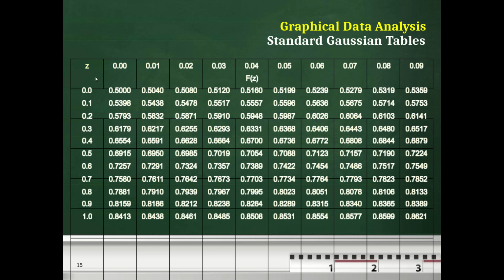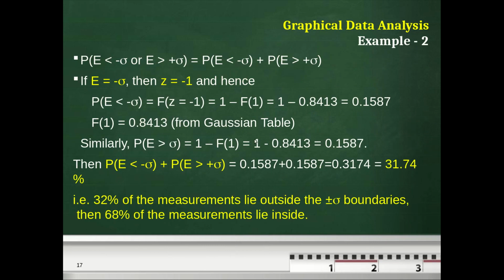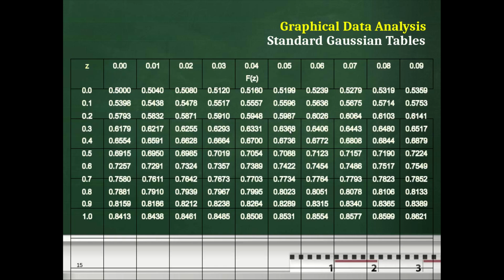So f of 1 means z equals 1, so we will take this value. So 1 minus 0.413. This is from the Gaussian table. This is an example of the table. There are larger examples of this table to be more accurate.